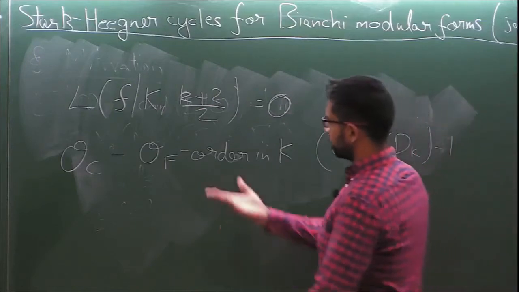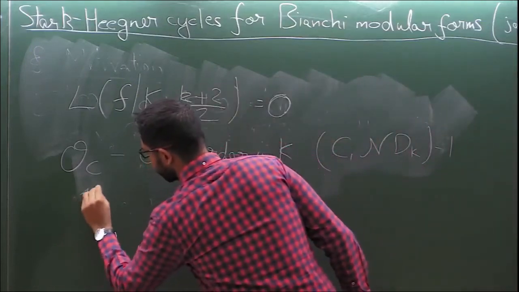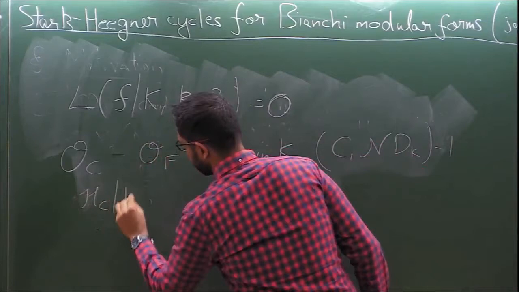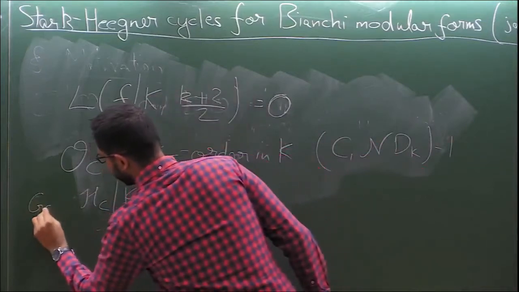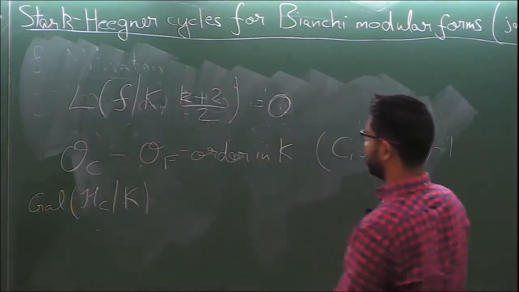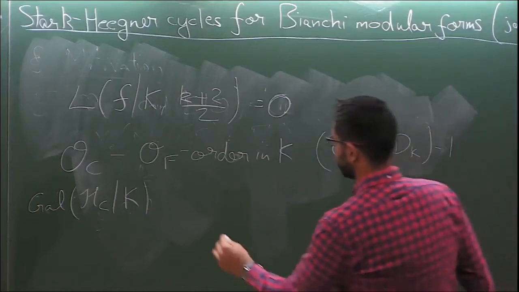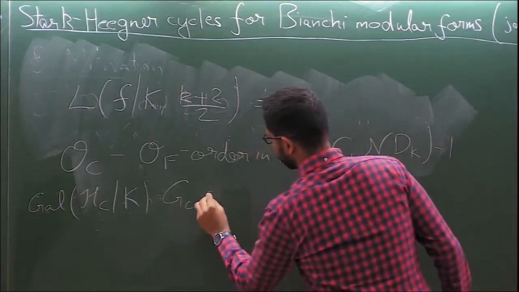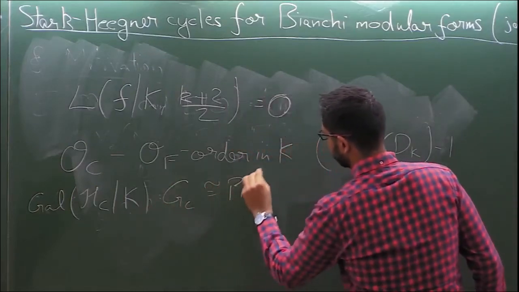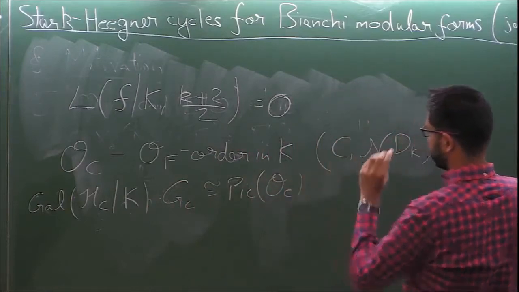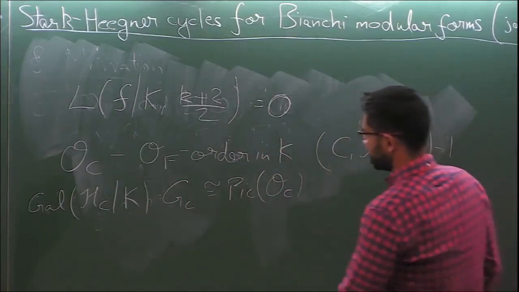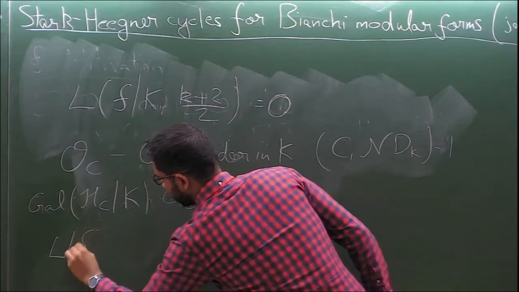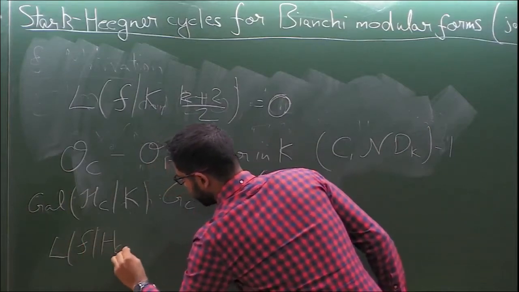And I can look at the ring class field associated to OC, so I'll call it HC. This is the Hilbert ring class field, and I'll call this GC. It's also isomorphic to the Picard group of this order. So I can look at the base change of F to HC.